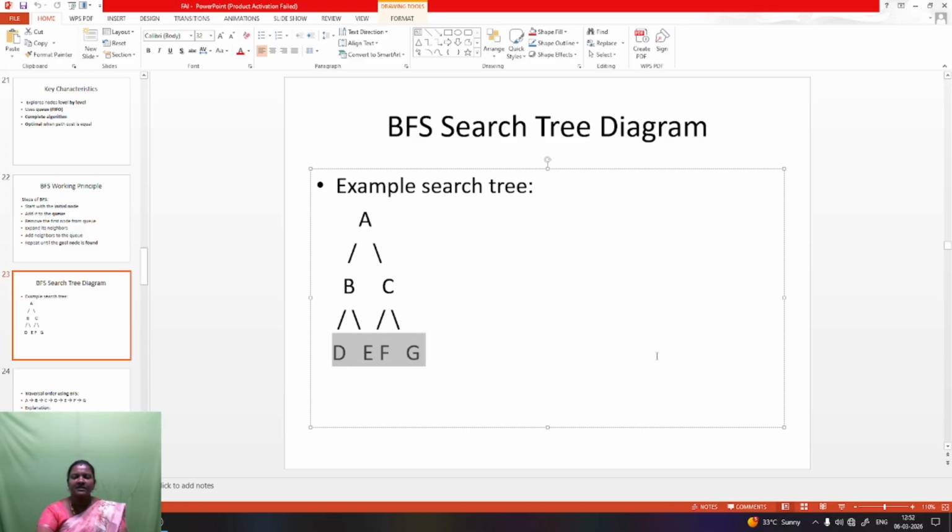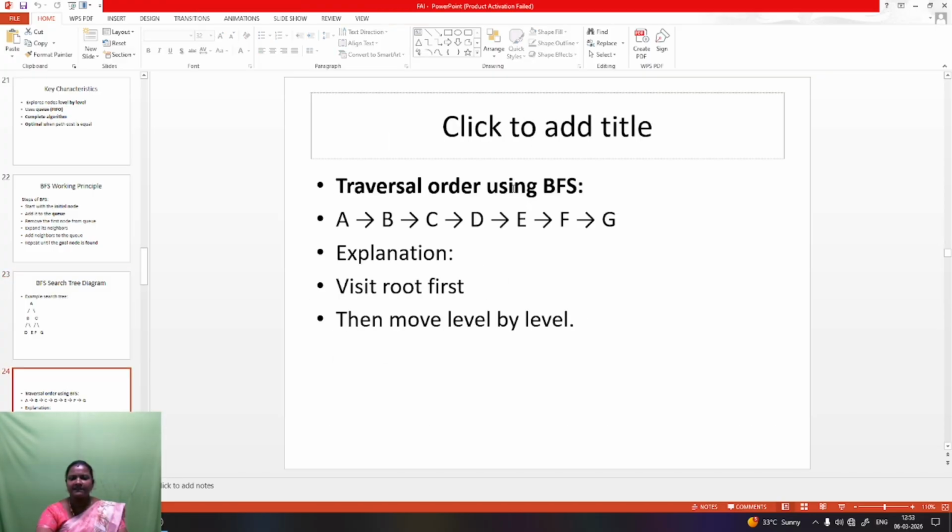So the depth of the tree here is 3. The traversal order using the BFS algorithm is as follows: A, B, C, D, E, F, G.